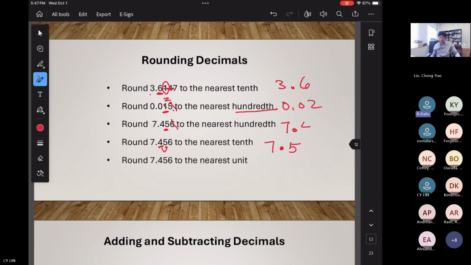Is that right? Yes. The next one with units right here. Units, right? So therefore, the answer is 7. Is that right? Okay.